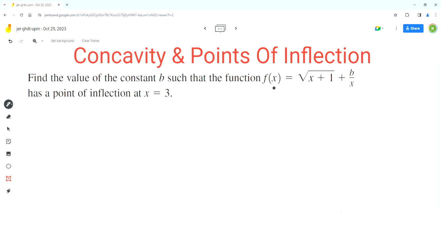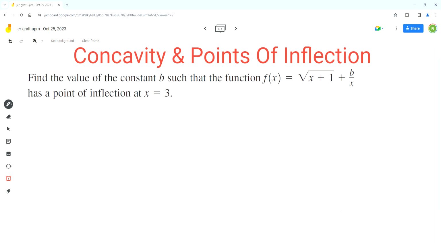Now, this function is made up of a radical term, square root of x plus 1, and then the rational term b over x. So the first step is to modify this equation so that it becomes easier to find the derivative of this function. We should change the radical into a rational exponent, and in the rational term b over x, we should move the x to the numerator.